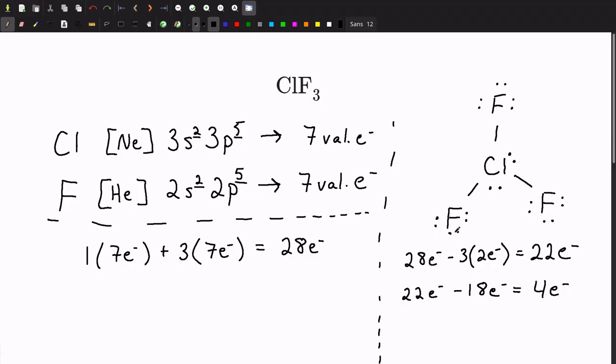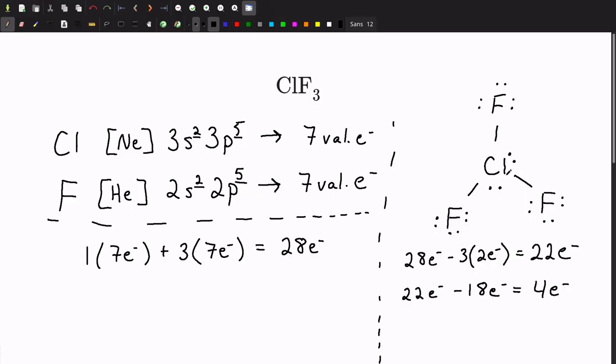And now we do our count. Fluorine, 1, 2, 3, 4, 5, 6, 7, 8. All the other fluorines are the same way, so they all have their octet. This chlorine, 1, 2, 3, 4, 5, 6, 7, 8, 9, 10.